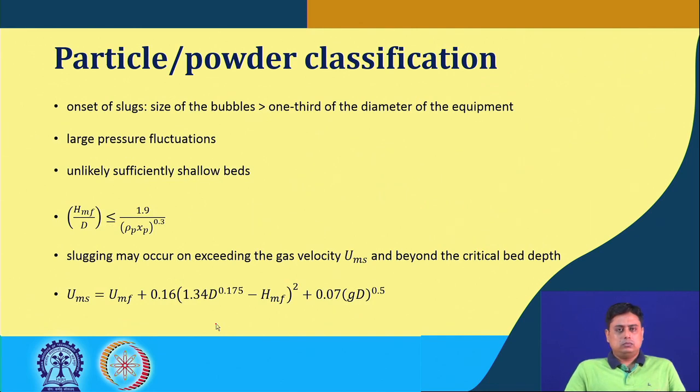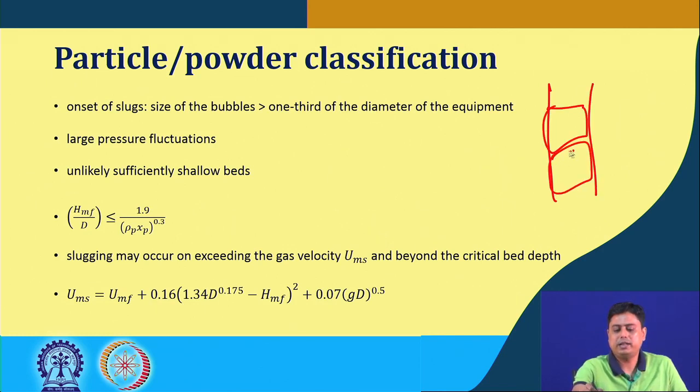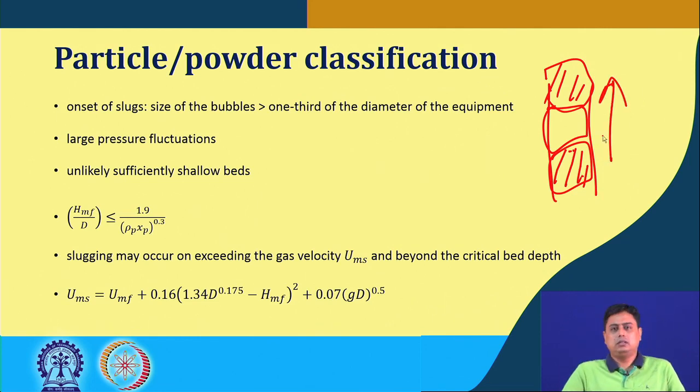Now, as you increase the gas velocity, or let us say the fluid velocity, in such particles, there will be onset of slugs. Slug means, as I mentioned last time, there are pockets of solid materials and pockets of gas, and this kind of flow will happen sequentially.